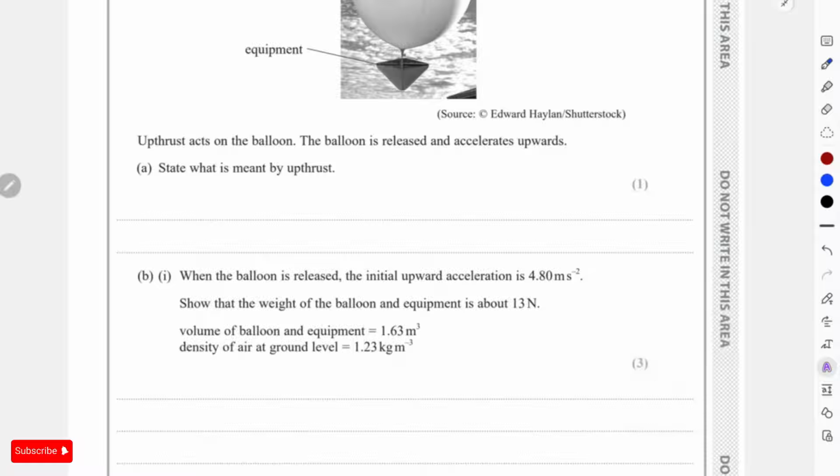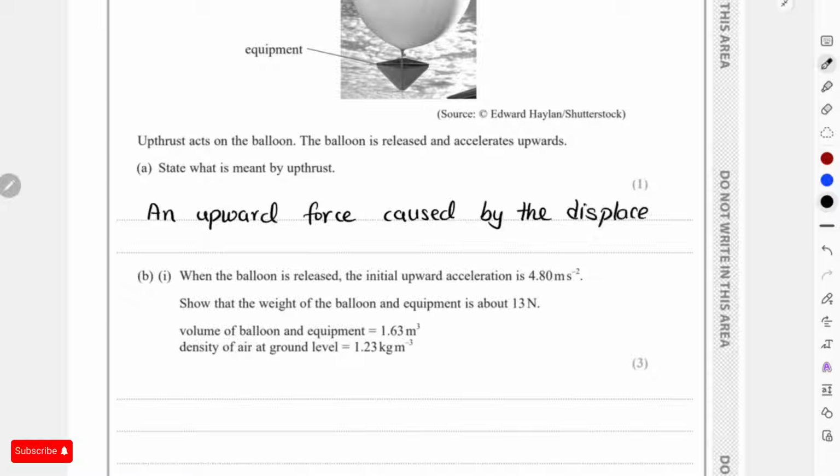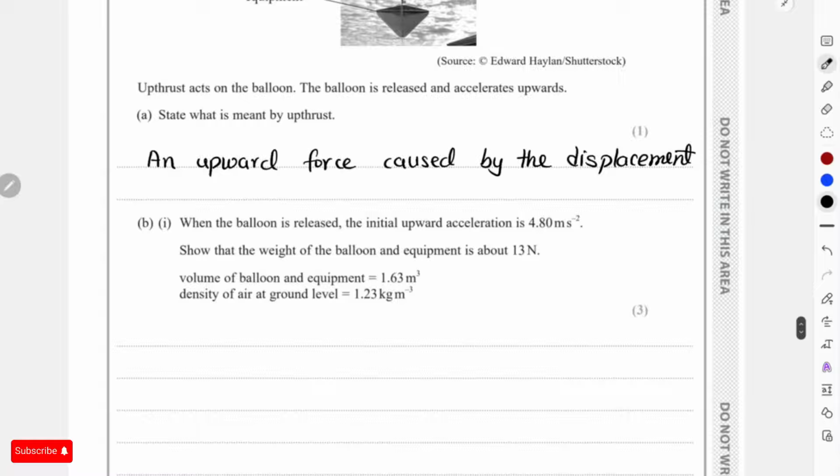So we can write that: caused by the displacement of the fluid by an object.